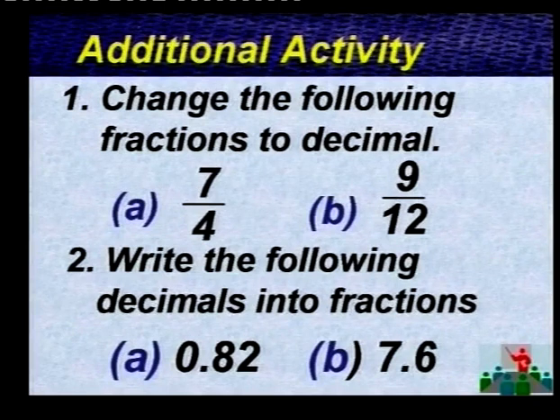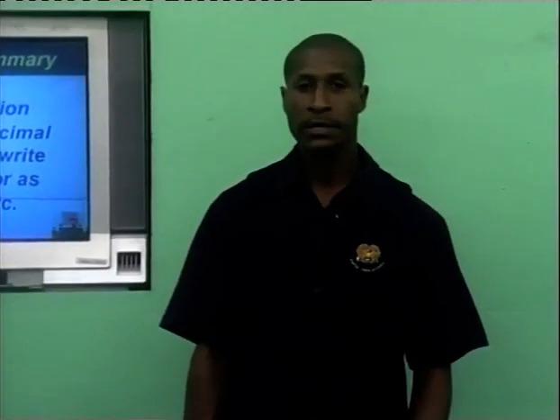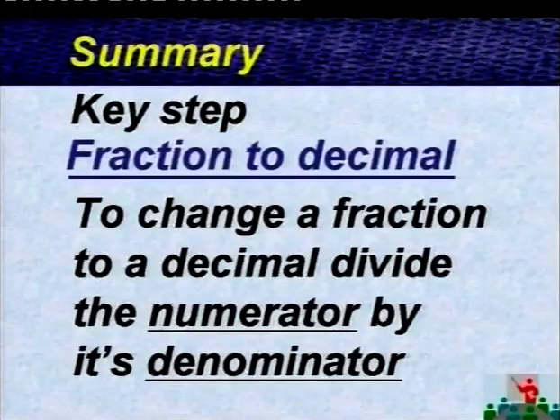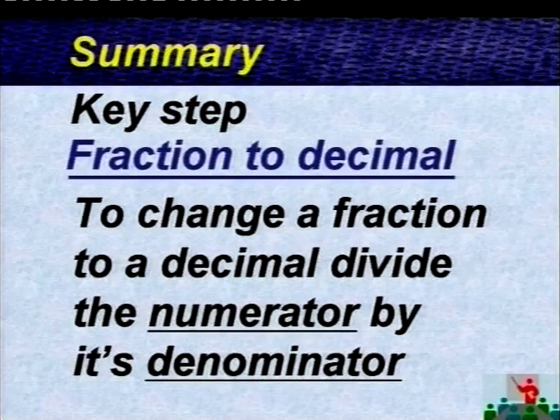Receiving students and ATs, to sum up our lesson, let's look at the key steps. When you change a decimal to a fraction, you have to rewrite the denominator as 10, 100, or 1000, etc. And when you are trying to change a fraction to a decimal, you have to divide the numerator by the denominator.